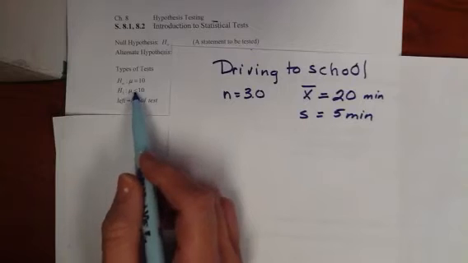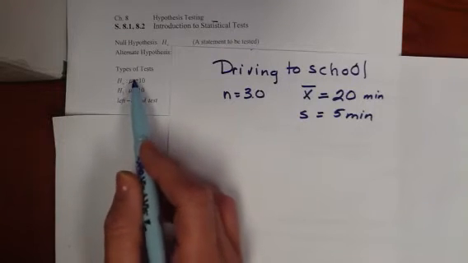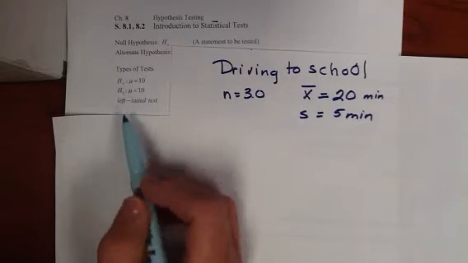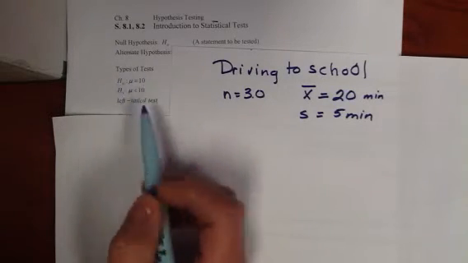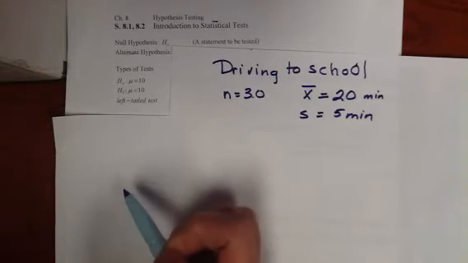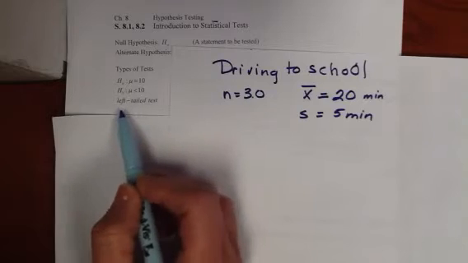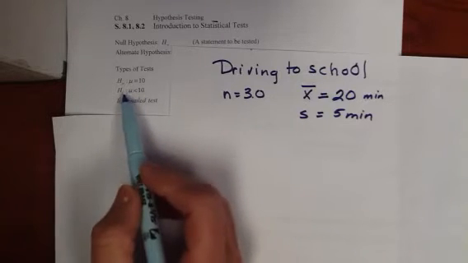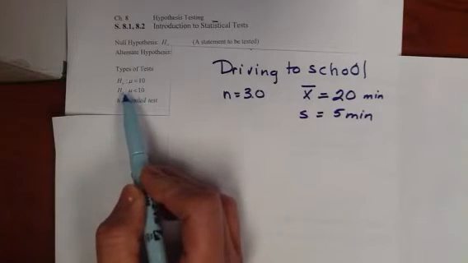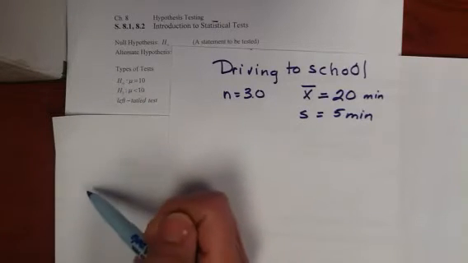Some books will say it as the complement of the less than, where they'll show this as greater than or equal to, but it always has the equal. This book just tries to make it easier and just have it equal to. So the null is always equal to, and the alternative is what I'm trying to find enough evidence to show. This is called a left-tailed test. The way I think of this is you look at the alternative and this inequality is pointing to the left, so that makes it a left-tailed test.